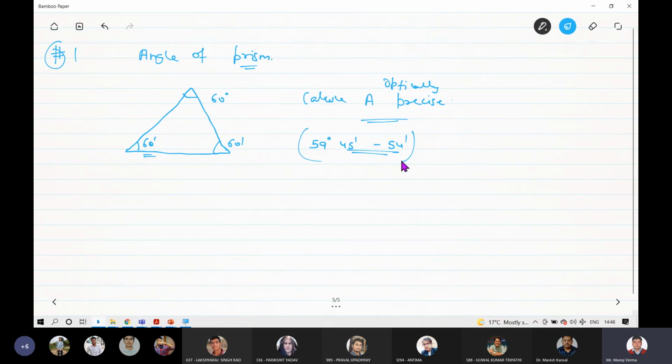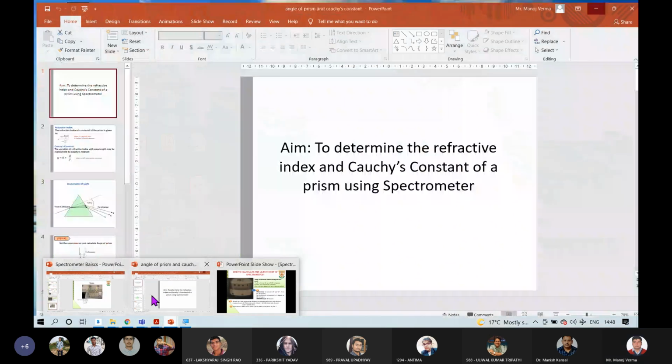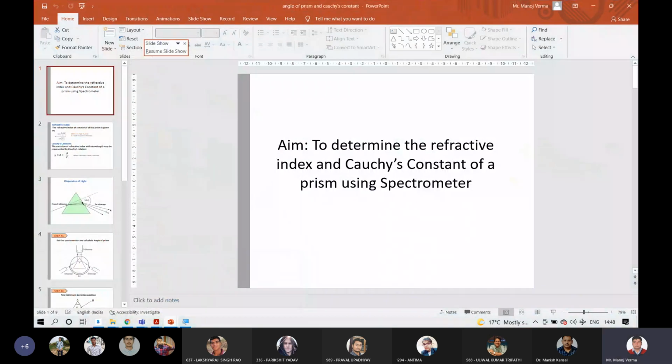So for finding this angle of prism, I will show you with a presentation.